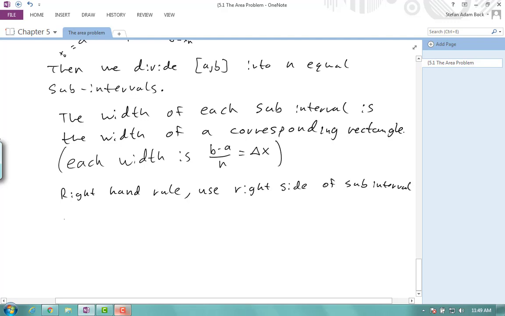Very creative name, I know. And the left-hand rule, you can guess, we can use the left side. And for the midpoint, we use the middle.